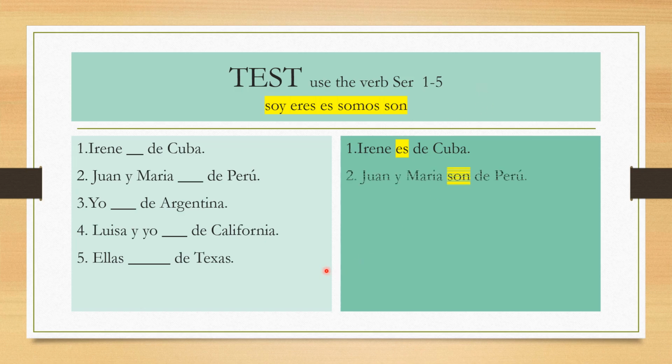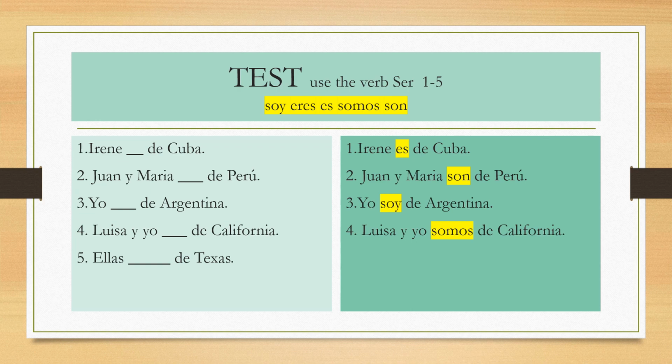Continuamos. Número dos, you should have had Juan y María son de Perú. Son de Perú, because you would have to say they. It's two people, and you're not including yourself. So it's they, like in ellos. Ellos son. Tres, yo soy de Argentina.